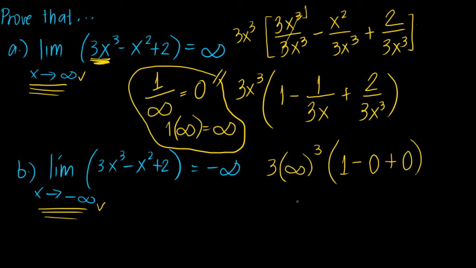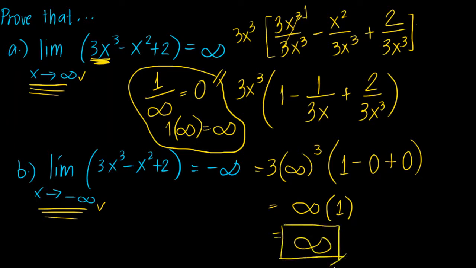Okay? And now we have infinity times 1. So, in the end, the answer is positive infinity. And with that, we have proven that the limit of this function as x approaches infinity is equal to positive infinity.